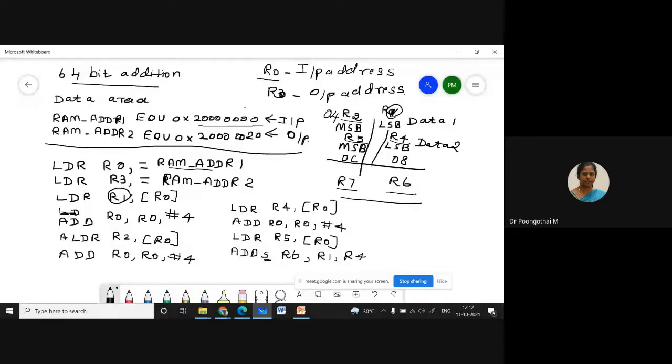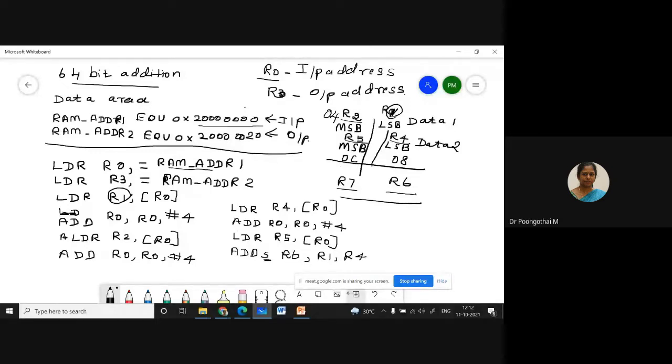For that you have to use ADDS. ADDS performs the first addition by adding the R1 content with R4. I use R6 for storing my result. So ADDS R6, comma, R1, comma, R4. Your LSB addition would be completed here. At the same time, flags will be updated in the APSR register.